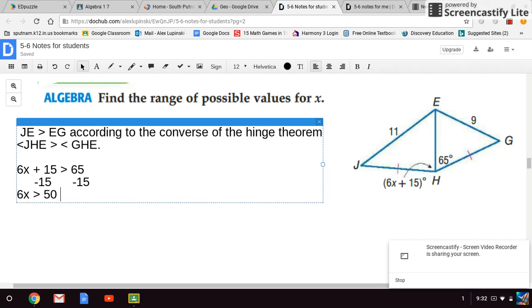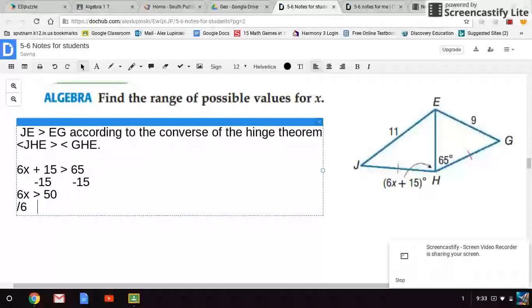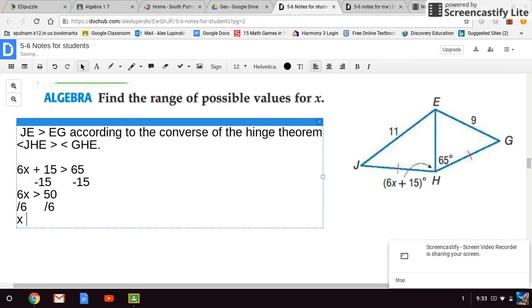And then we're going to divide by 6. And that'll give us x is greater than 50 over 6, which if you simplify it is 25 over 3. And you can just leave it like that, or if you care, it's 8.3 repeating.